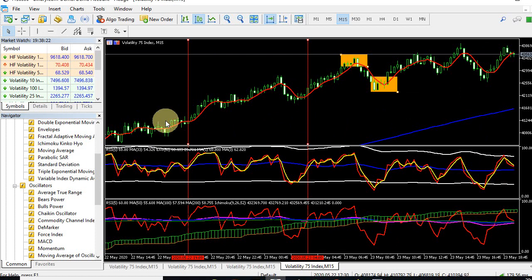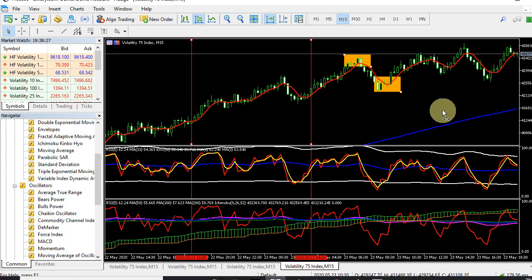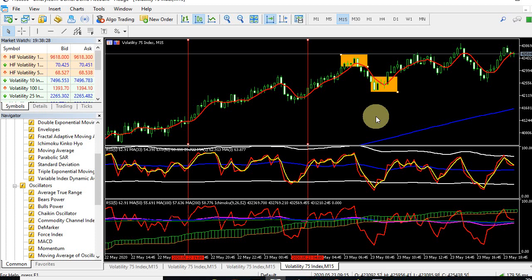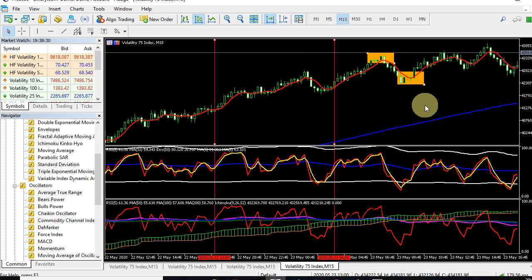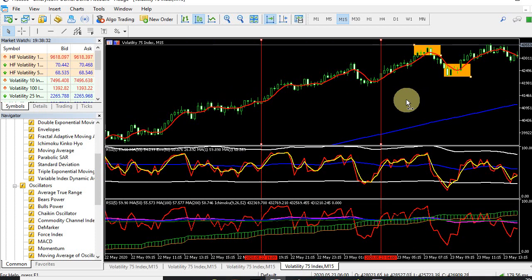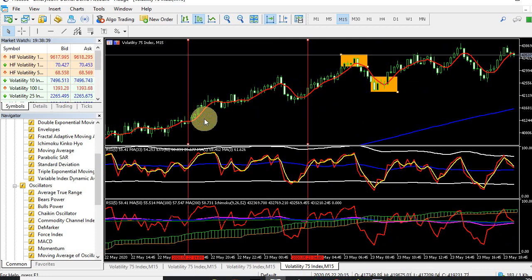So that's that about this strategy. You can use this strategy for other indices like volatility index 10, volatility index 50, volatility index 25, step index, boom and crash index.